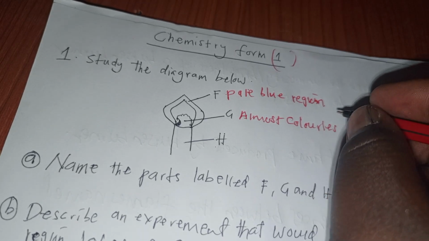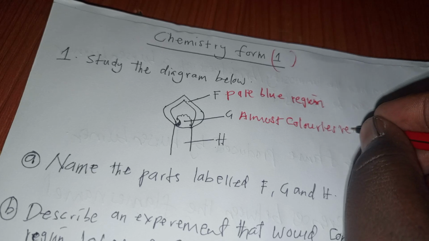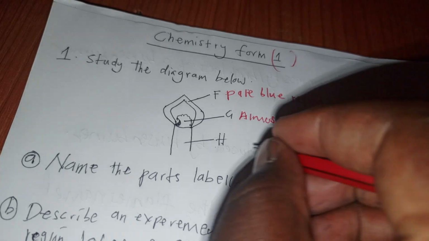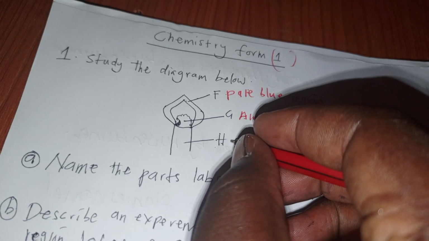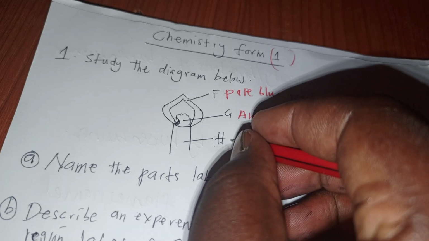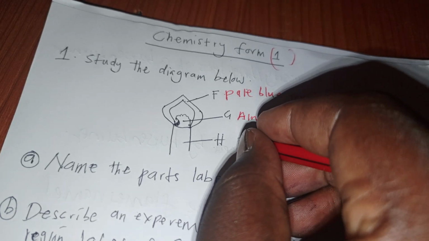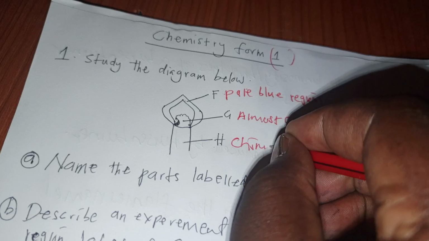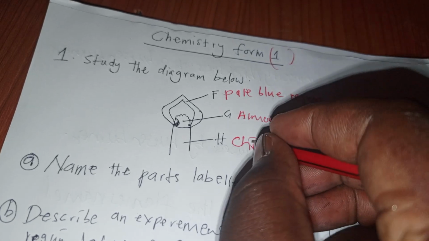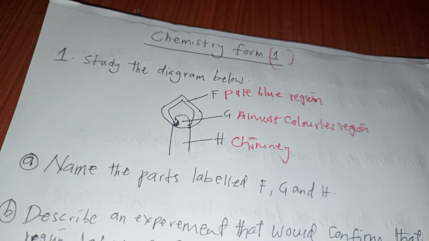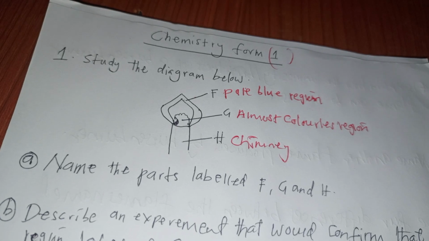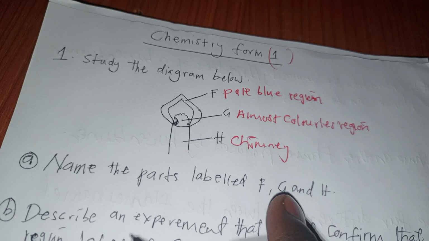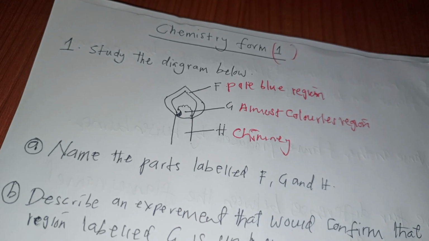Almost colorless region. Then the part labeled H. H is a chimney. So these are the parts. I've labeled them from the diagram.